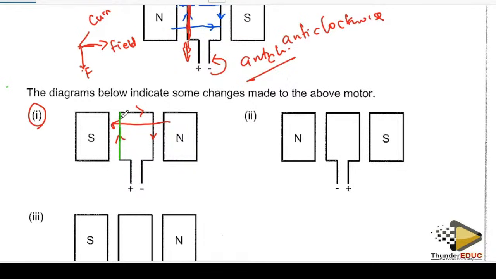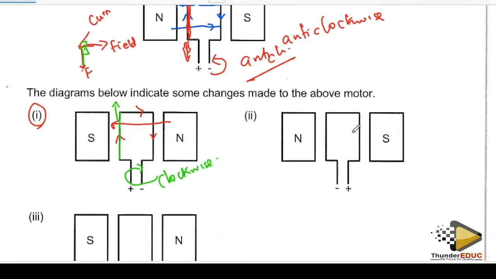Yes, this is going to be moving upwards, because current is moving that side. If I draw more or less the same thing, where these are at 90 degrees to each other, it's going to be moving upwards. This is a clockwise direction.